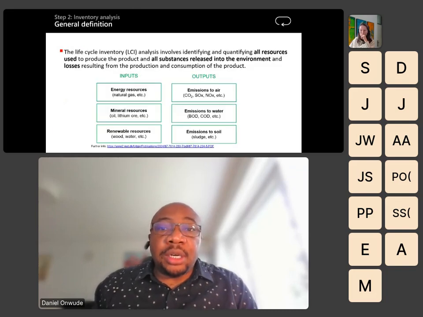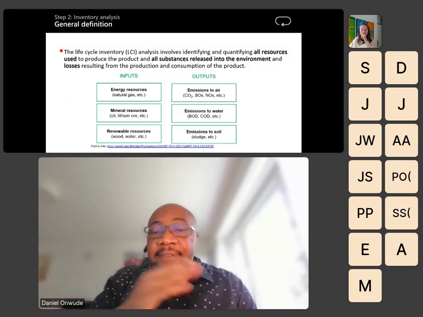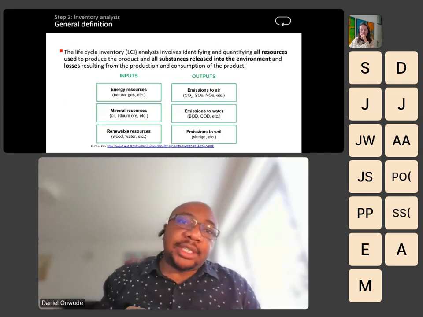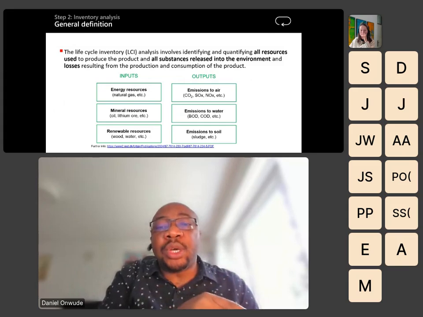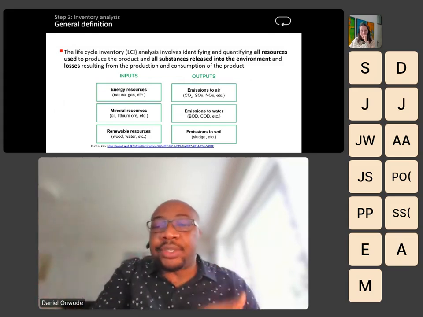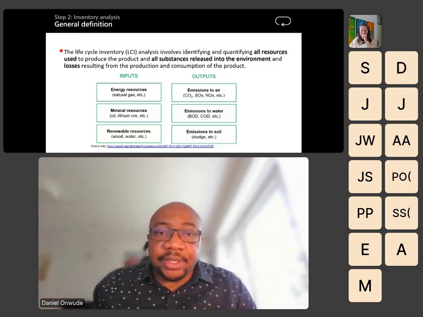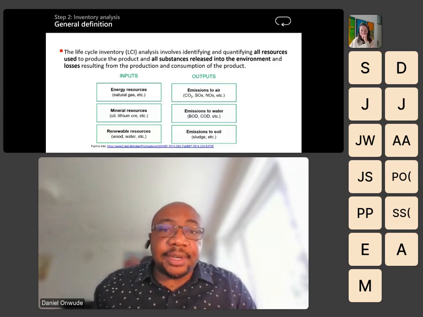Okay. Good. And now we go to the second step, which is the inventory analysis, right? I think I touched a bit on this, which is collecting data that is then used to define the impact that your process, your system, or your product would have on the environment. So this is usually very data intensive.